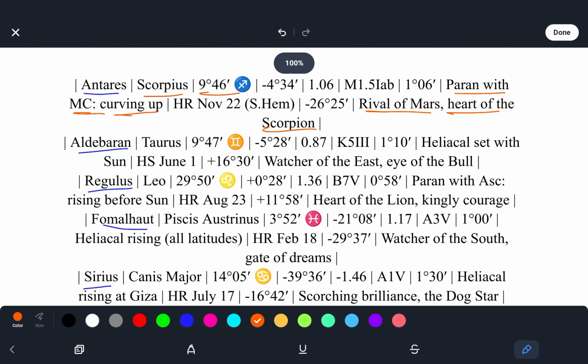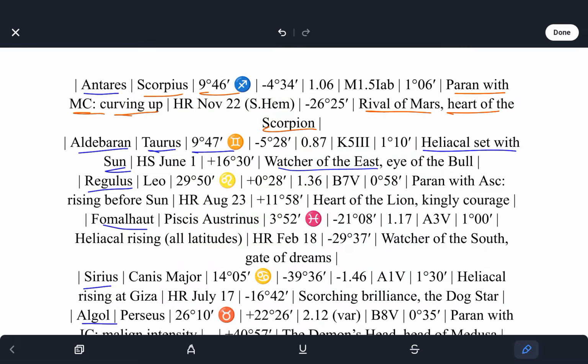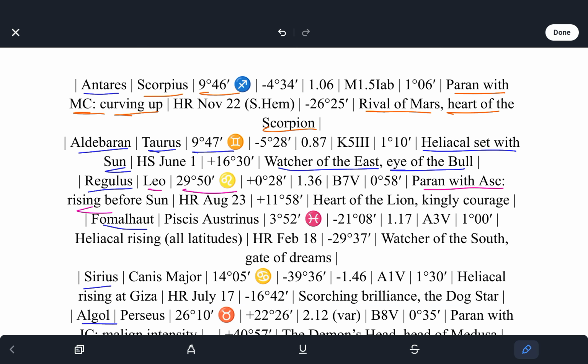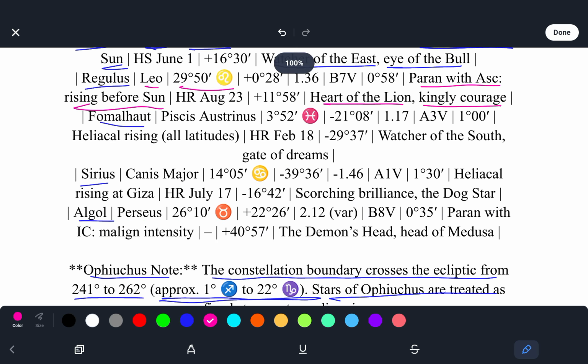All right, Aldebaran is associated with Taurus and Gemini, 9 degrees 47 specifically. Heliacal set with the Sun, watcher of the East, eye of the Bull. Regulus is known to be associated with 29 degrees 50 of the zodiac sign Leo, paran with the ascendant, rising before Sun, heart of the Lion, kingly courage. We see Fomalhaut, Piscis Austrinus, associated with 3 degrees 52 Pisces.